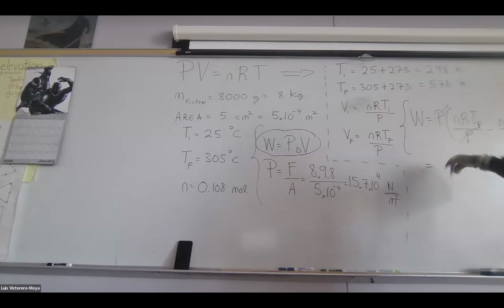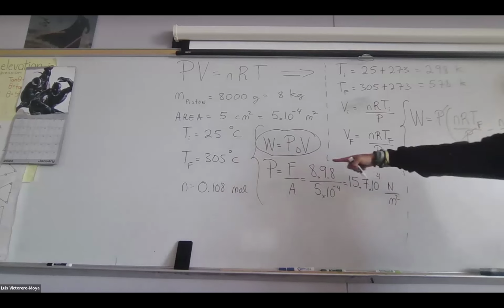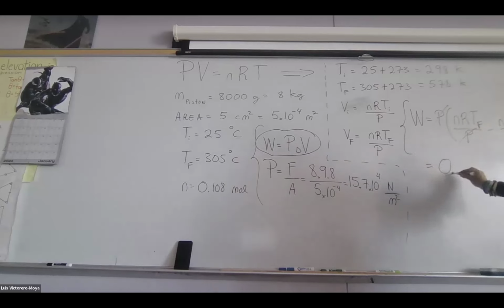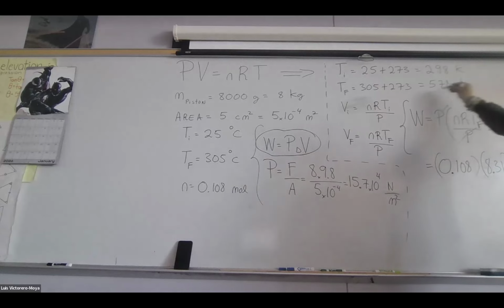So then my work is just nR, where n is 0.108, R is 8.31 joules per mole per Kelvin, right? And then the temperature final minus the initial, so 578 minus 298.